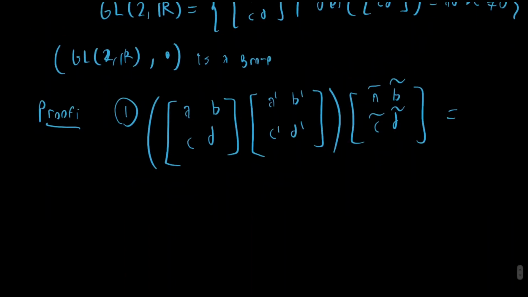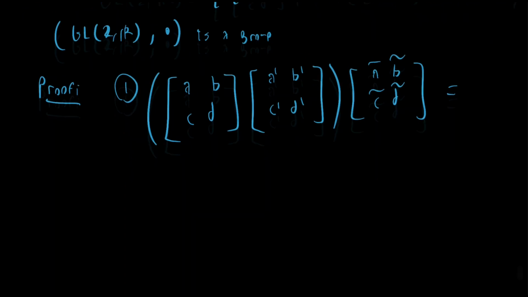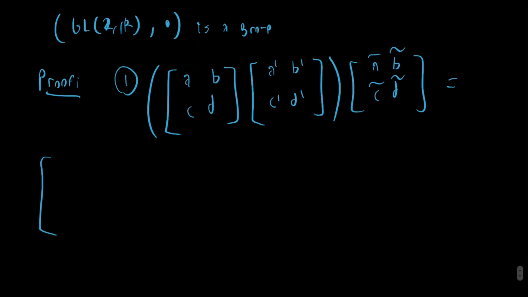So let's multiply these two inside first. Remembering the row by column multiplication rule for matrices, the first entry for this product matrix will be A times A prime plus B times C prime.